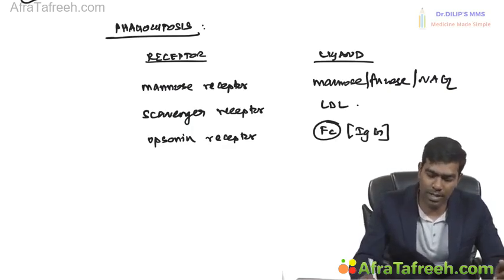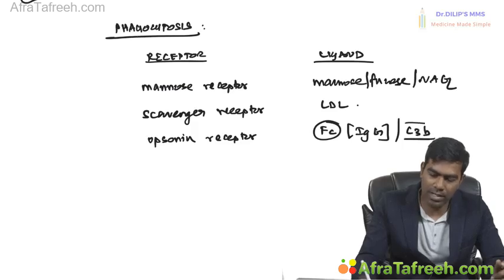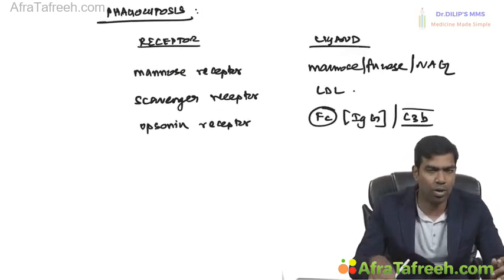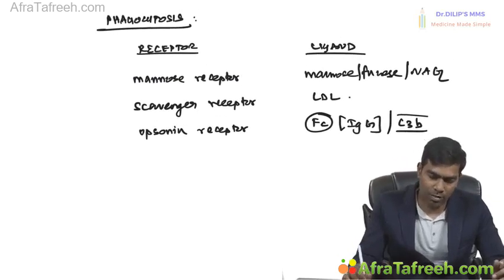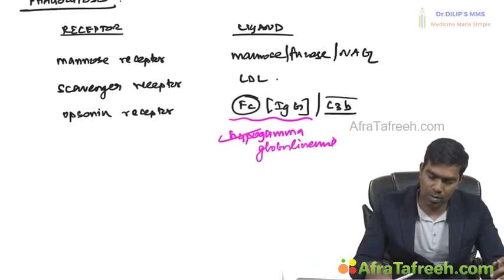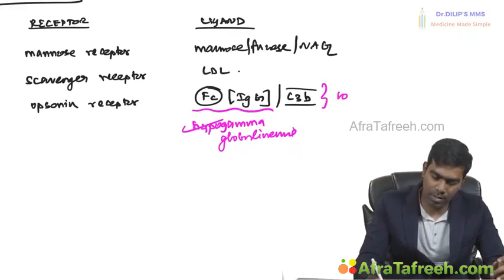And they can identify C3b also. They have the C3b receptors. C3b also is one of the opsonin receptors. For example, let us assume the patient is having hypogammaglobulinemia, which means they're going to have defective immunoglobulin production, or if the patient is having complement deficiency.